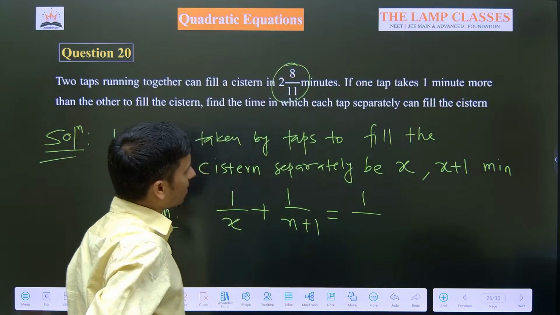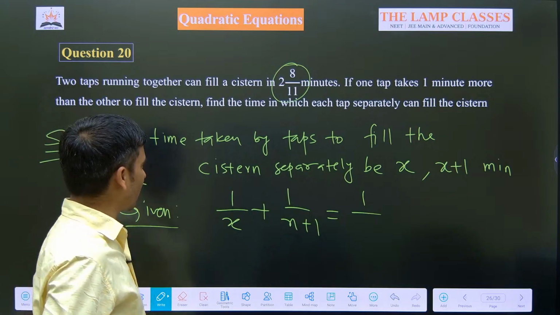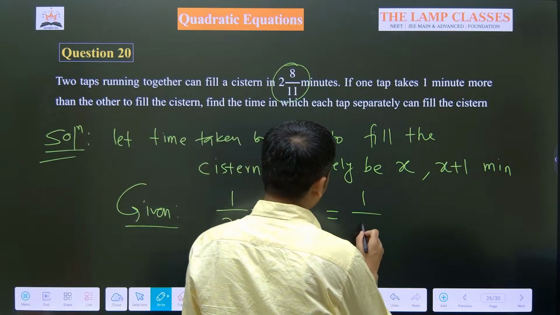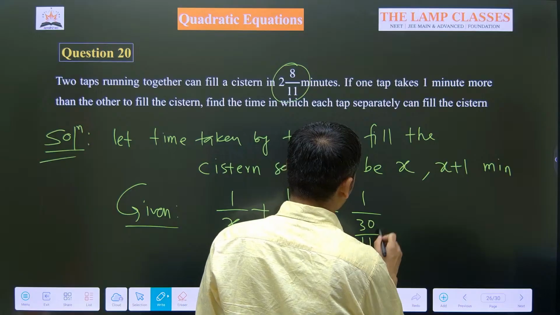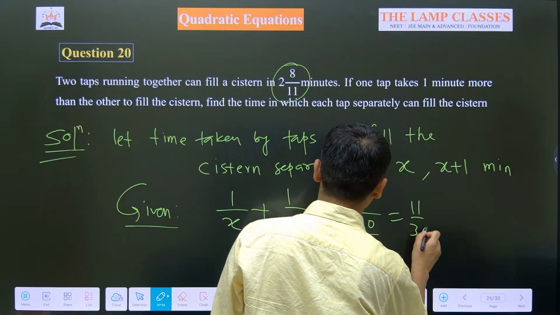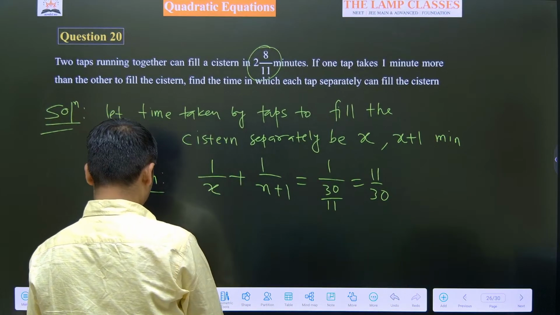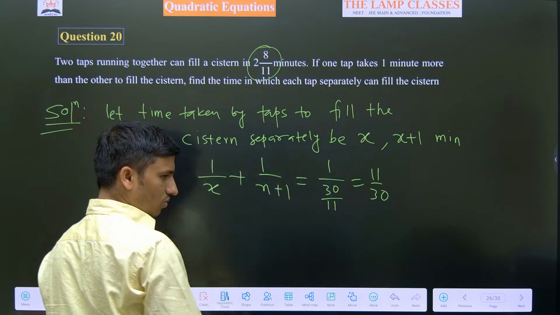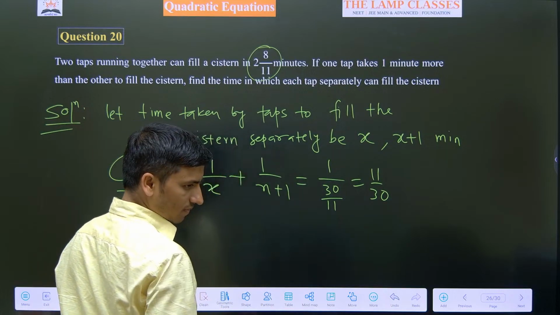So how much is that? You can write it as a fraction, it's a mixed fraction, right? That is 2 and 11 upon 30, which is 11 upon 30. We have to just solve this quadratic. Let's do it together quickly, guys. Let's see how many of you have done.